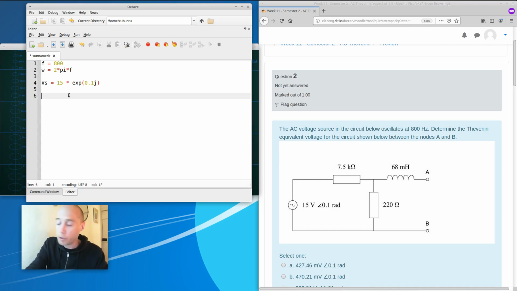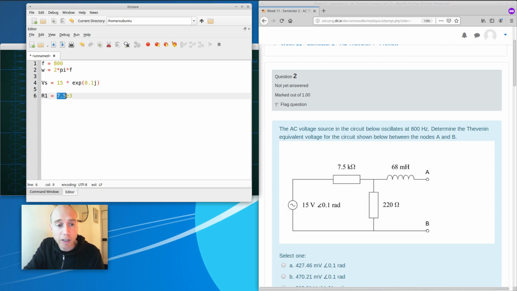What else have we got? So I'll put in my original element values. Now I'm going to use another little trick here. So for the first resistor, that's this one here, it's 7.5 kilo ohms. So I'm going to write that as 7.5 E3. So this notation here is available to us in Octave and MATLAB. It's also available in C and probably a lot of other programming languages as well. It's effectively like scientific notation.